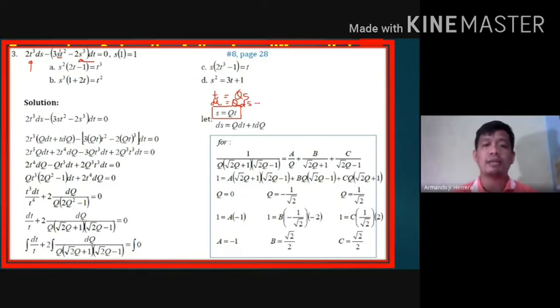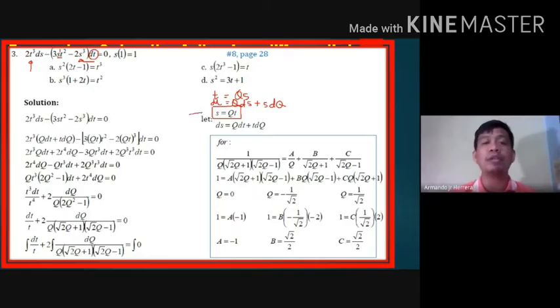If this substitution ang gagamitin natin, imumultiply natin kasi ito sa second term eh. So dt ito. So if that's dt is two terms, QDS plus SDQ multiplied by two terms, so that gives you, gagamit pa tayo ng FOIL method kasi two terms times two terms ito.